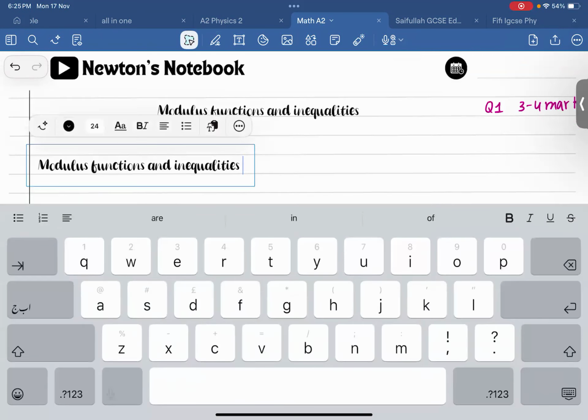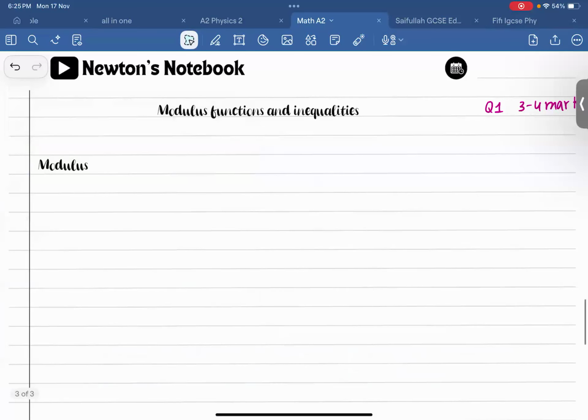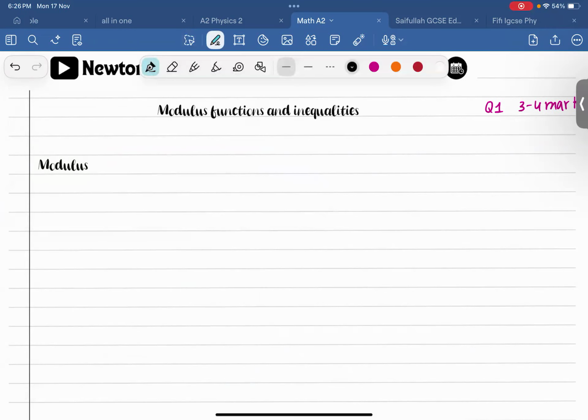By inequality, you know how to solve the inequality. You are used to the inequalities in your AS level as well. So the modulus can take any positive or negative value, right?